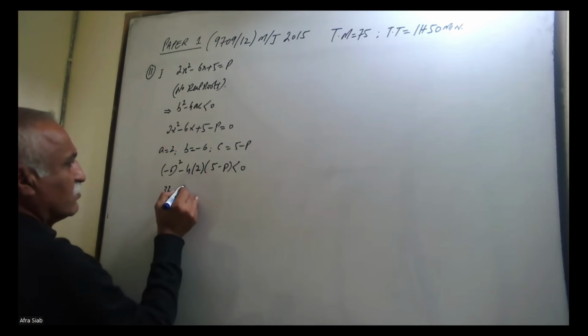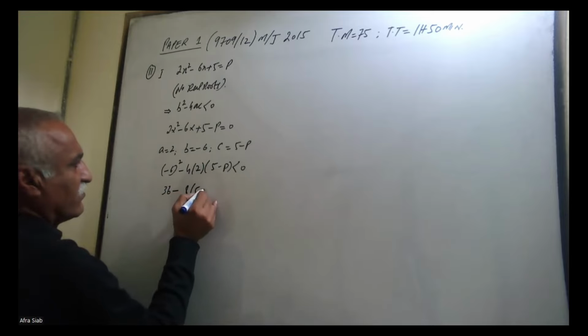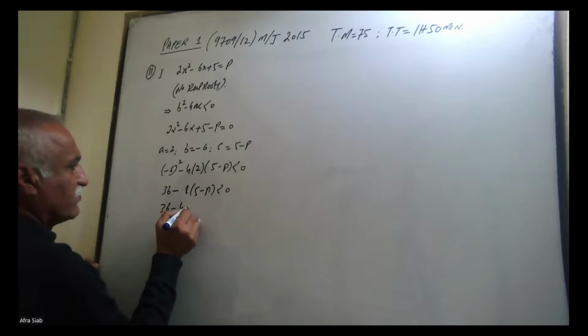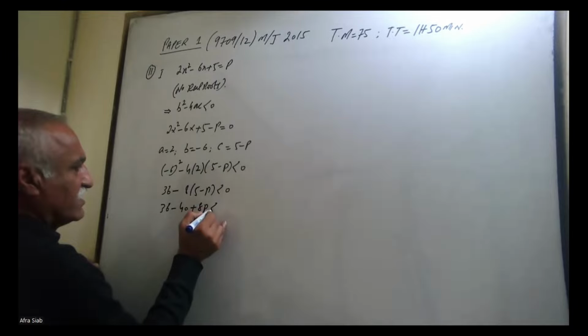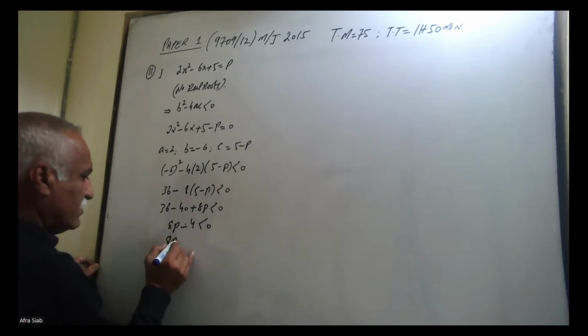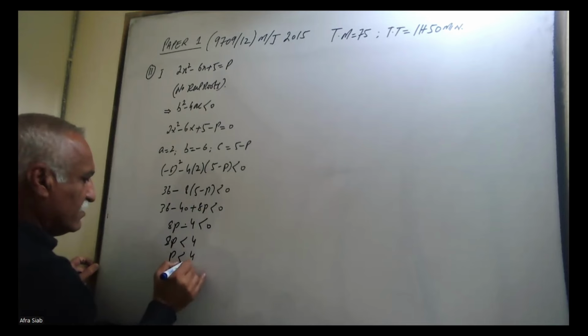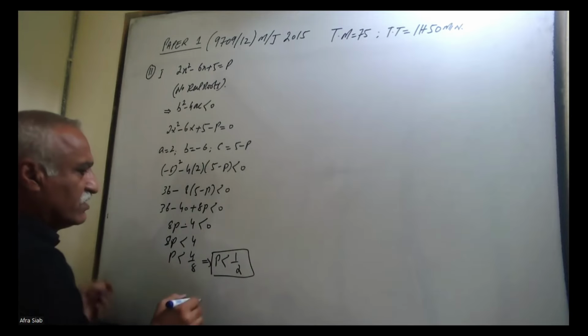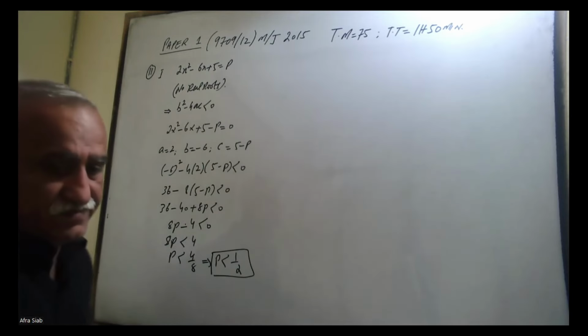So that is 36 minus 8 into 5 minus p is less than 0, or 36 minus 40 plus 8p is less than 0, or 8p minus 4 is less than 0, or 8p is less than 4, or p is less than 4 over 8. This implies that p is less than half. This is the possible values of p from this equation.